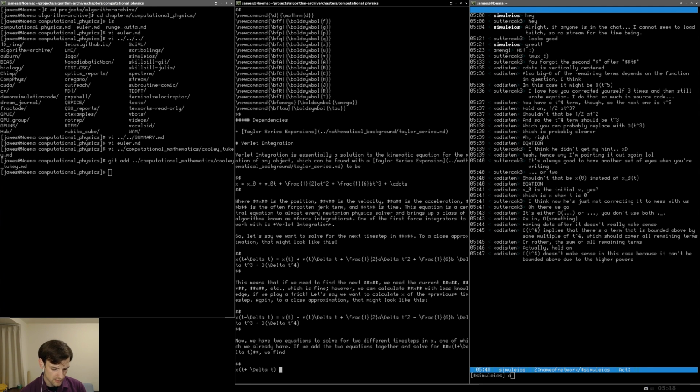t is going to be equal to 2x of t plus, oh actually no, there's no frac here, a delta t squared plus, and I want to put O of delta t to the fourth.